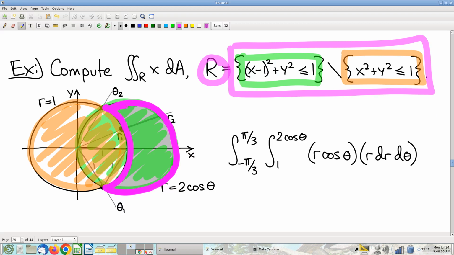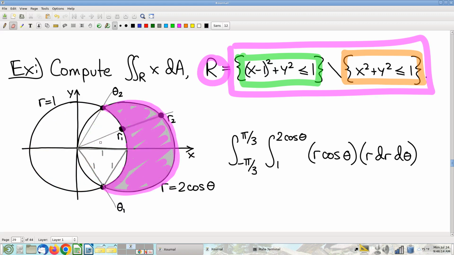If I can do a decent job of it. Is that cool? Everybody happy? Okay, so there's our shape, and again, rectangular coordinates would be a bummer, right?